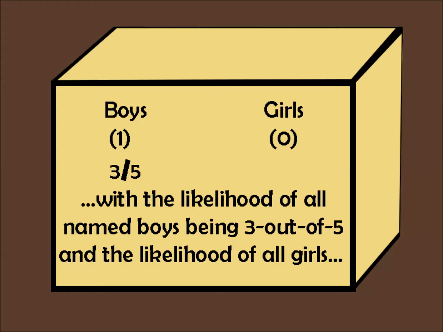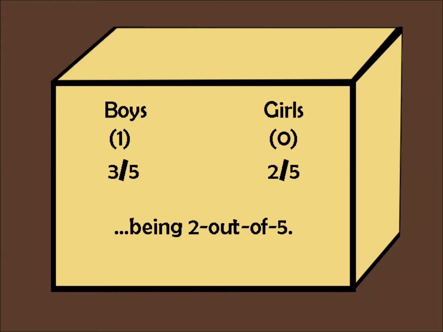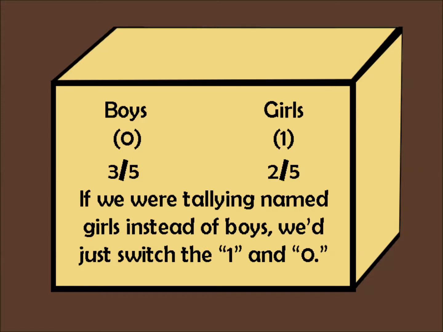Boys, 1 with a 3/5 likelihood. Girls, 0 with a 2/5 likelihood. Okay, now if we were tallying girls, girls would get the 1 for the tally, boys would get a 0.